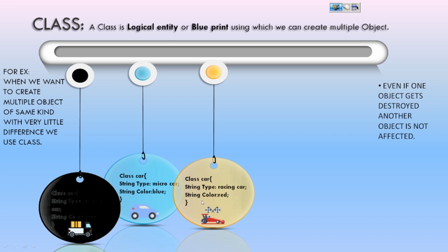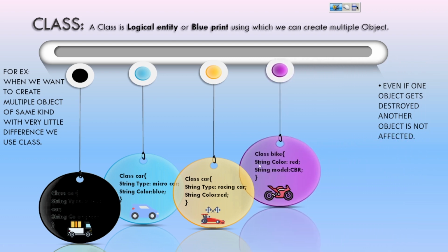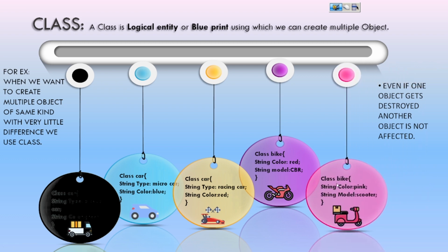In the same way, if I take another class called bike, string color is red, model is CBR, and in the same way, another object for the bike, color pink, model is scooter. So this is how you can take one class and create multiple objects out of the same class.